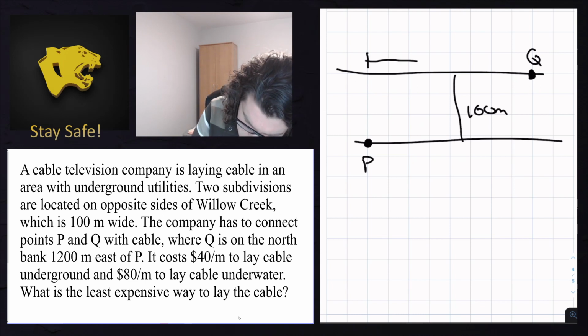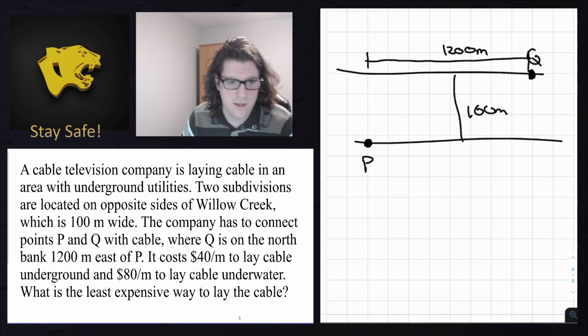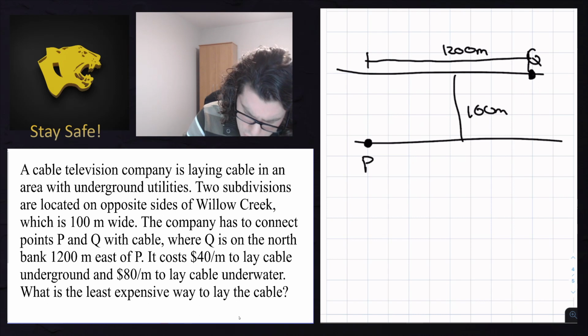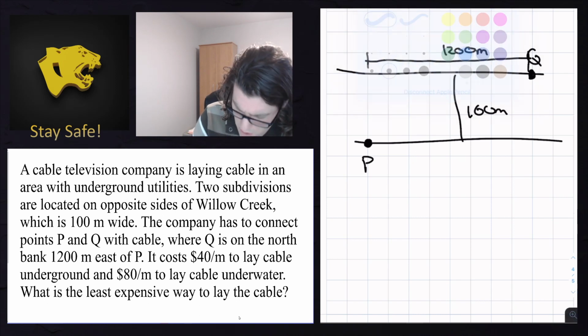So if we were to measure the distance between being directly across the other side, that would give us our 1,200 meters there. So the company has to connect points P and Q with cable. It costs $40 per meter to lay cable underground and $80 per meter to lay cable underwater. Okay, so I'm going to do underwater in blue.